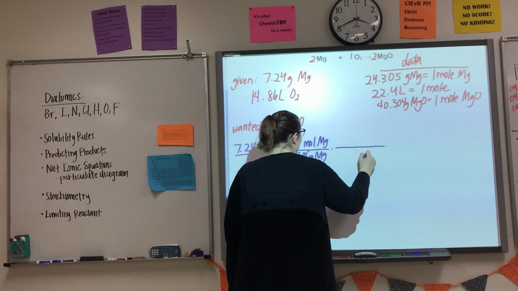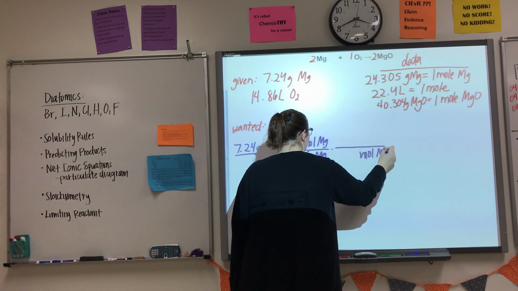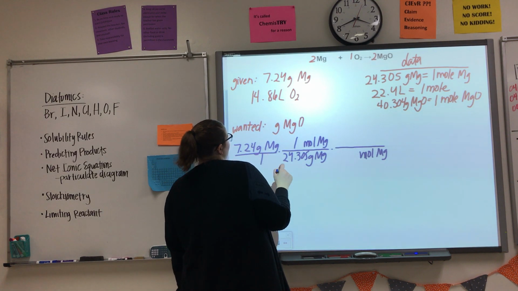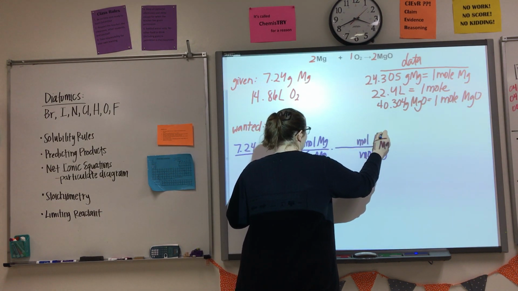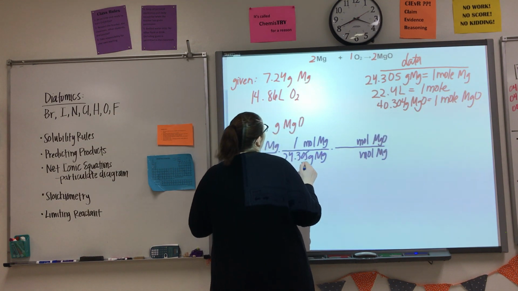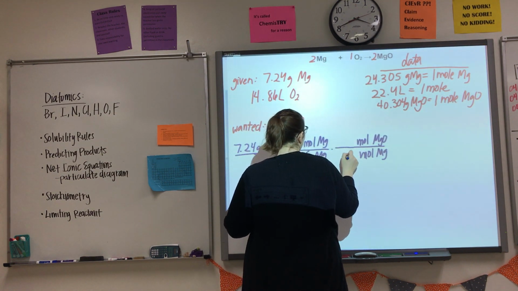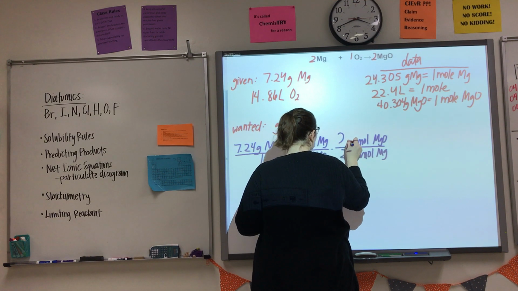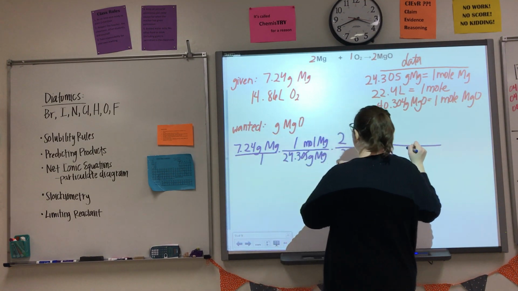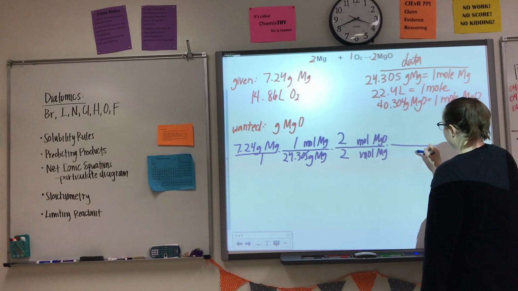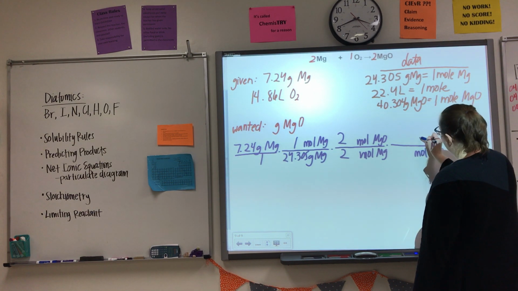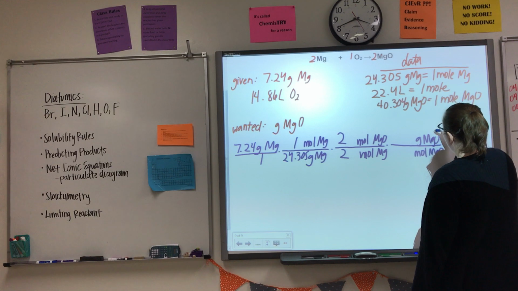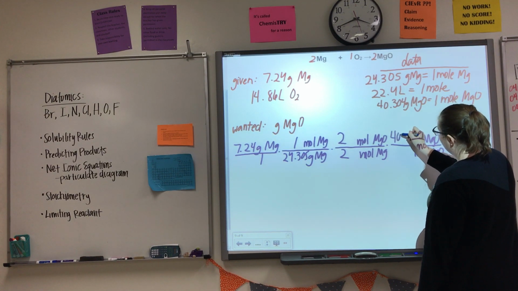Okay, moles of magnesium, I'm going to move down here now. And I can now compare moles of magnesium to moles of magnesium oxide. And I get to use my balanced chemical equation to do that. So for every 2 magnesium, I get 2 magnesium oxide. Last step. Moles of magnesium oxide are going to move down here now. And I wanted grams of magnesium oxide. I get to use my molar mass for this.